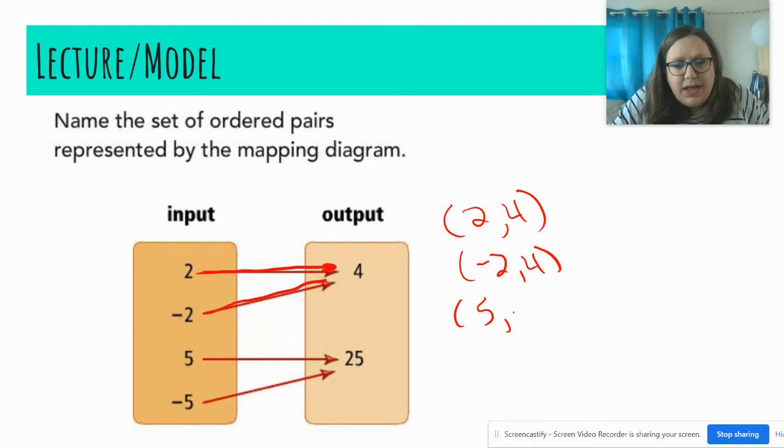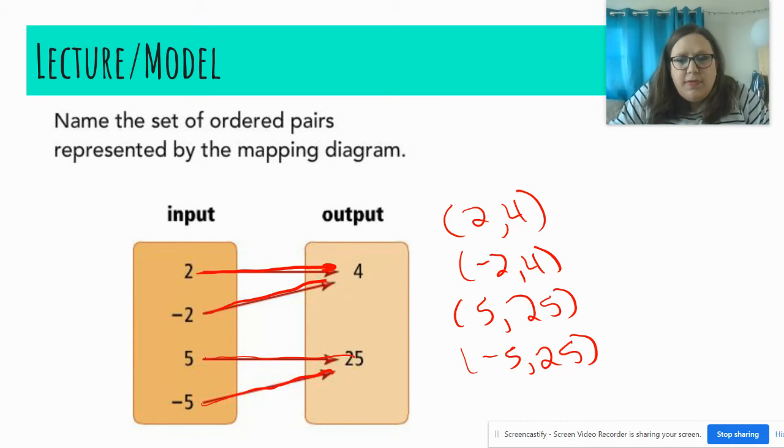Then I have 5, 25. And then I have -5, 25. So that's going to be the ordered pairs for those input outputs, not equations. All right, let's keep going.